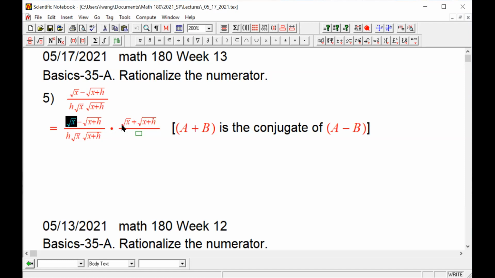Now, the quantity we multiply has to be 1, because anything times 1 stays the same.